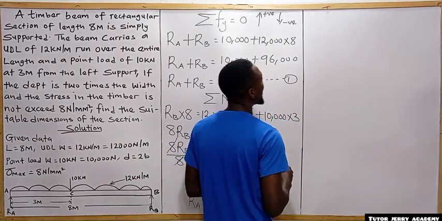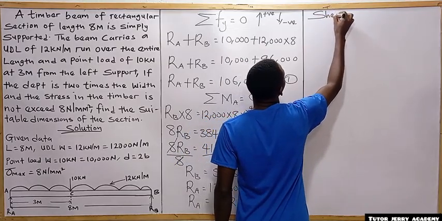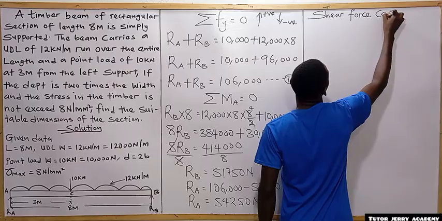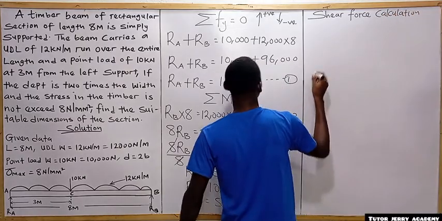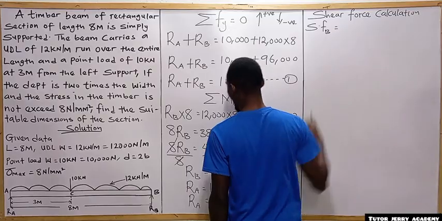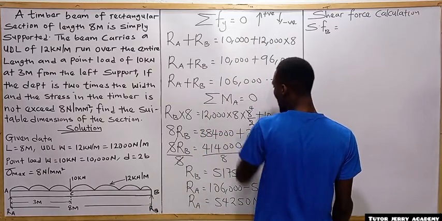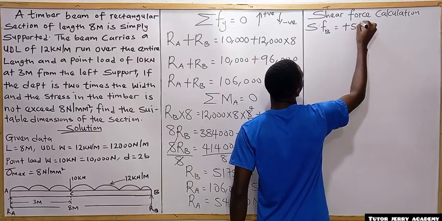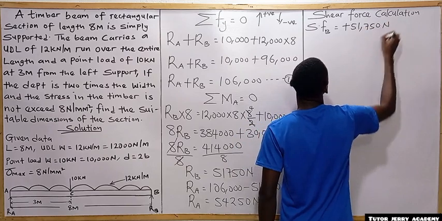So that is what we want to do now. Let's go for the shear force calculation. The shear force at point B is going to be the reaction at B, and upward force is positive. So our ROB is positive 51,750 Newton.